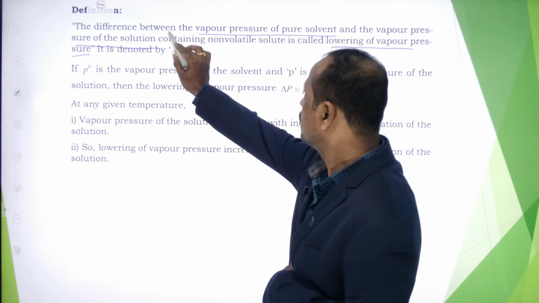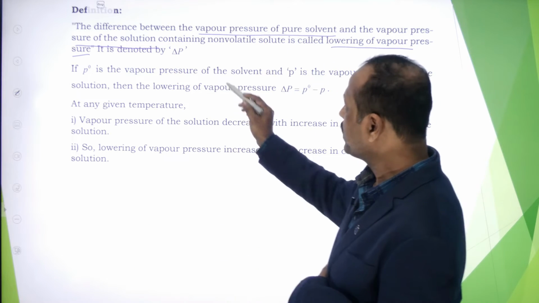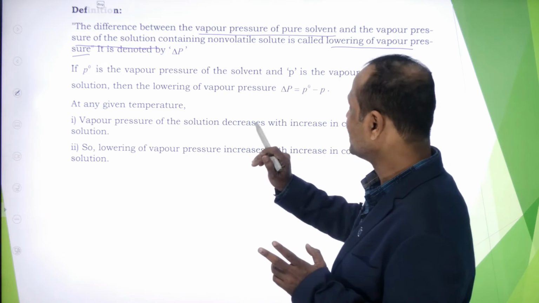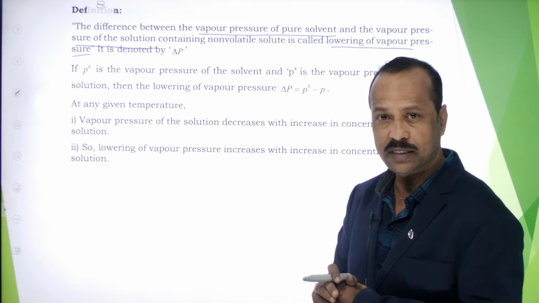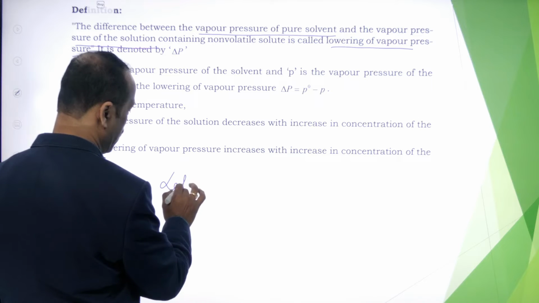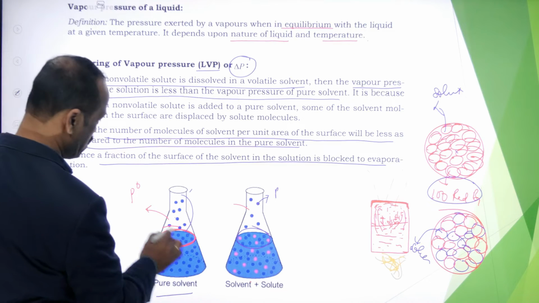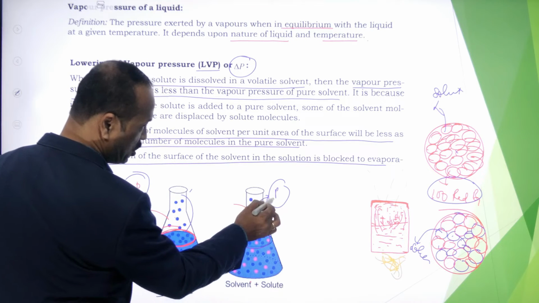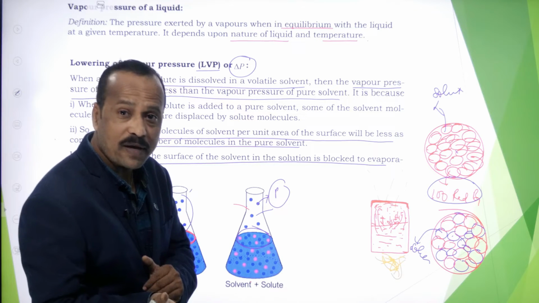Lowering of vapor pressure means, first we calculate the vapor pressure of the pure solvent. Then we calculate that of the mixture, the solution, which is less. That difference is called lowering of vapor pressure. Is this clear? For example, let the vapor pressure exerted by the pure solvent be P naught, and the vapor pressure exerted by the solution be P. Difference in mathematics means subtraction, right?